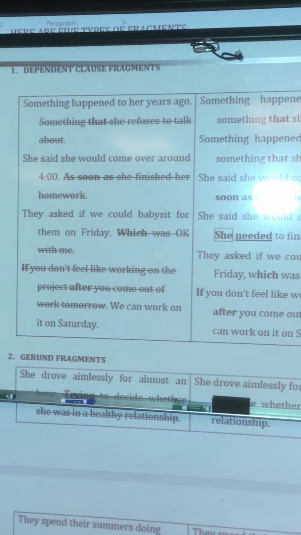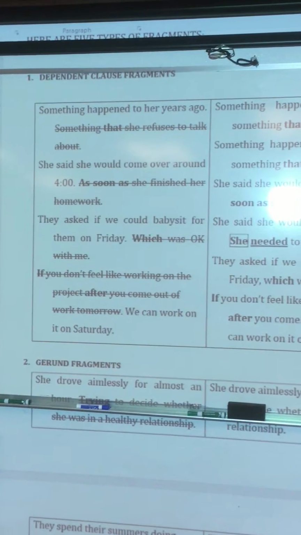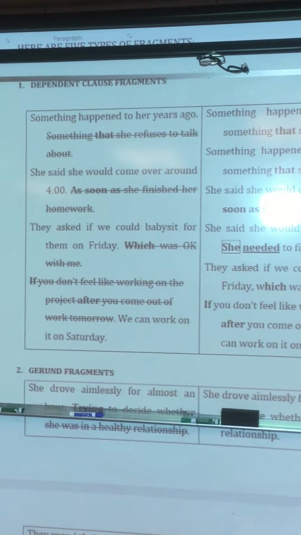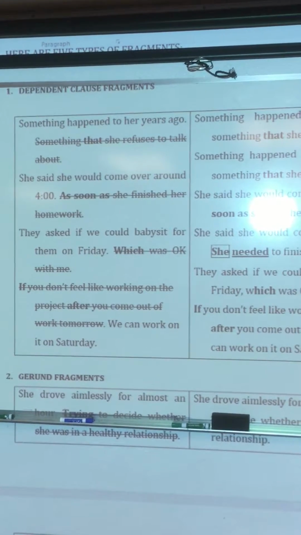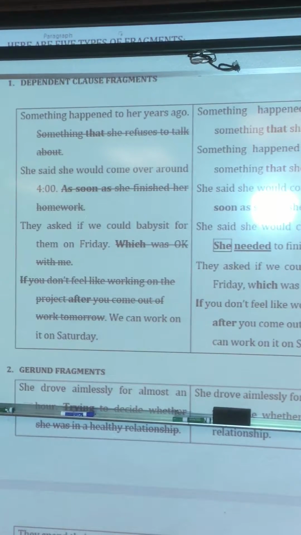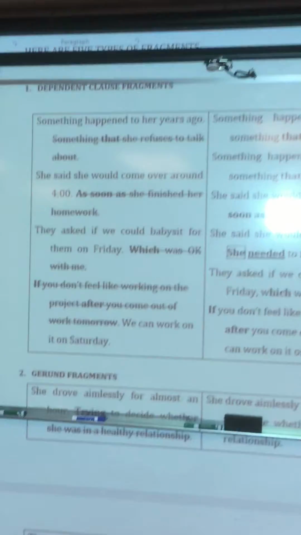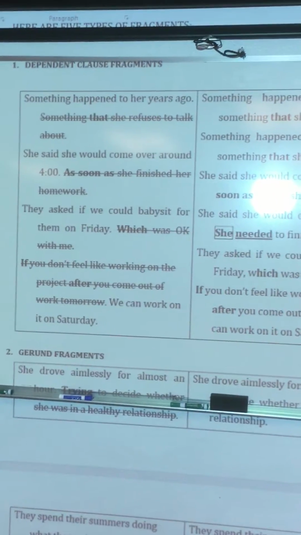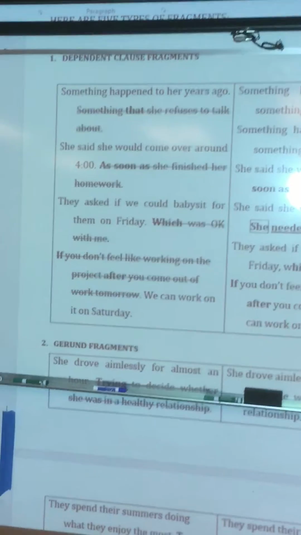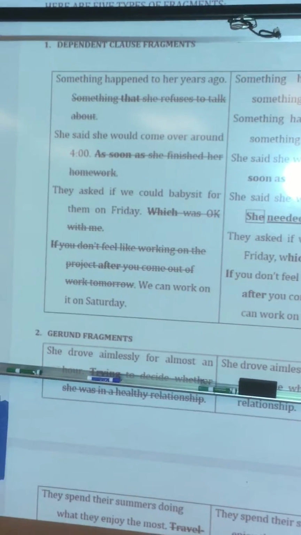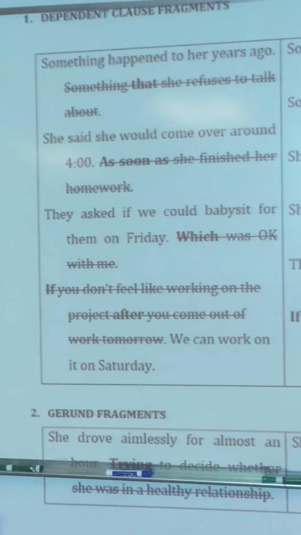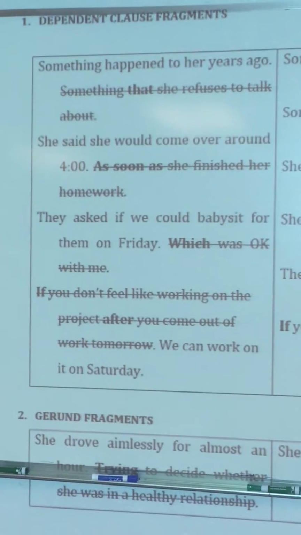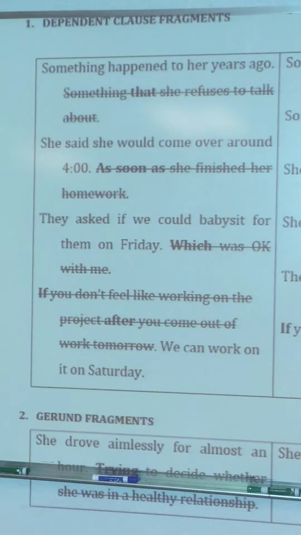Something happened to her years ago. Something that she refused to talk about. She said she would come over around, but as soon as she finished her homework, they asked if we could babysit of them on Friday, which was okay with me.